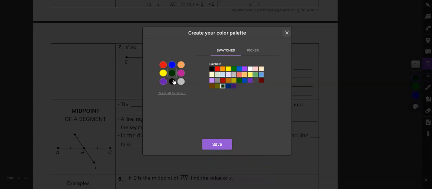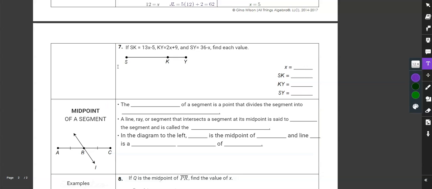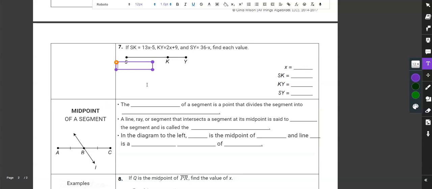Let's do purple again. All right. So let's list our givens. And yes, I do know they are listed for us over there, but it's a good habit to be in. We need to continue to list our givens, even if they appear to be listed for us already.